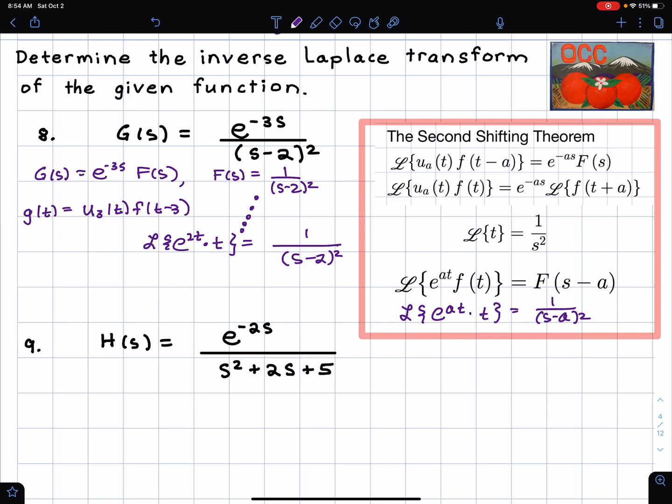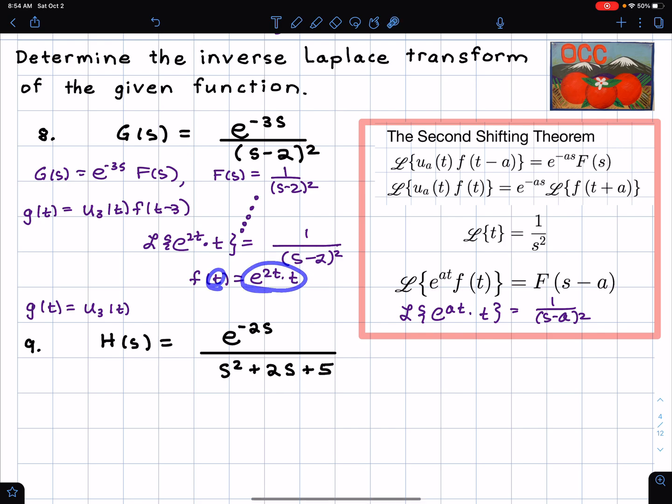So what does this imply? This implies that our little f of t is equal to e to the 2t times t. So therefore g of t, using what we've discovered here, is equal to u_3(t) f(t minus 3).